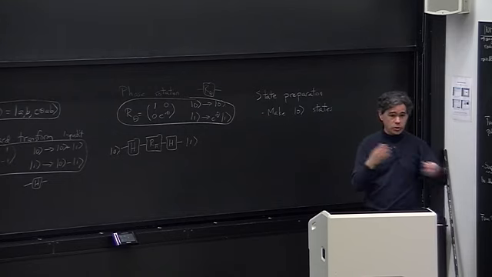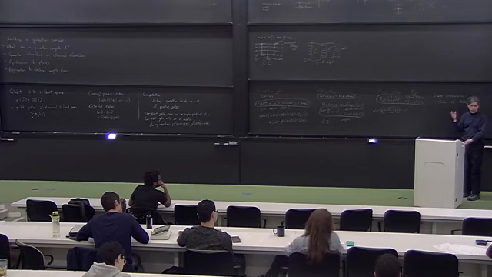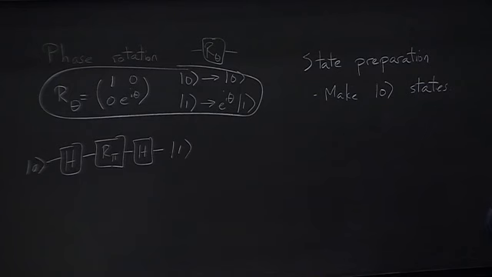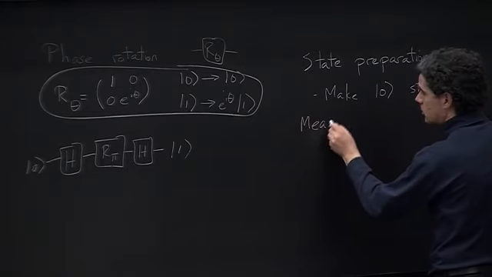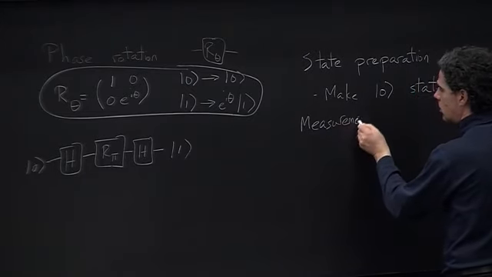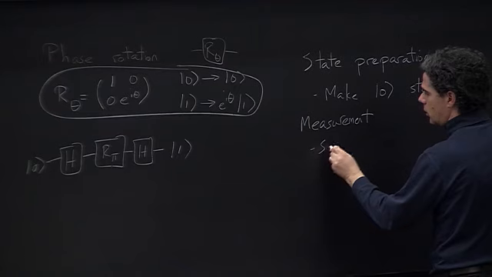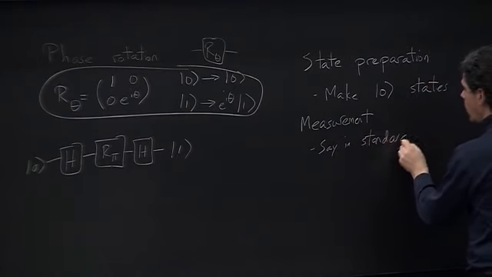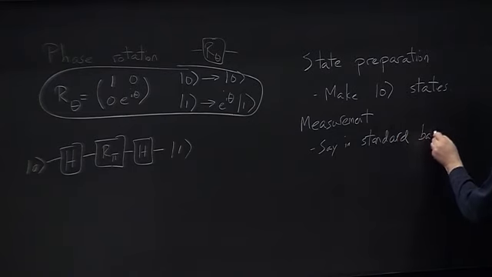The other thing is that we do all this computation and get a quantum state at the end. But we'd like to convert that into classical information so that, if we've run some algorithm, we can learn the answer. So measurement is also important. It's enough to have measurement in just one basis, say the standard basis.